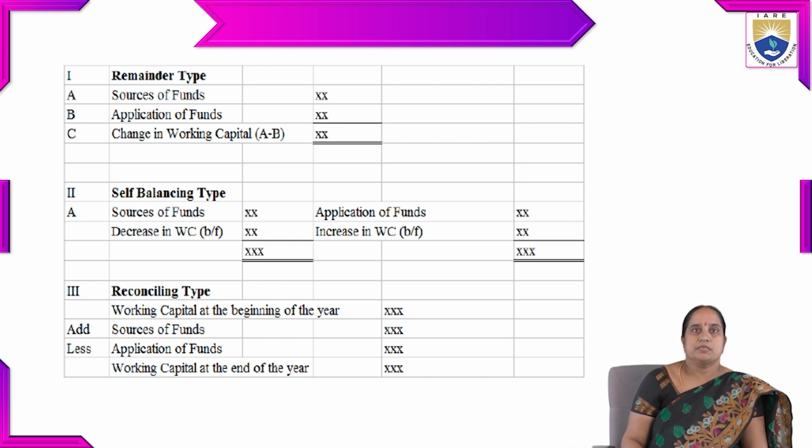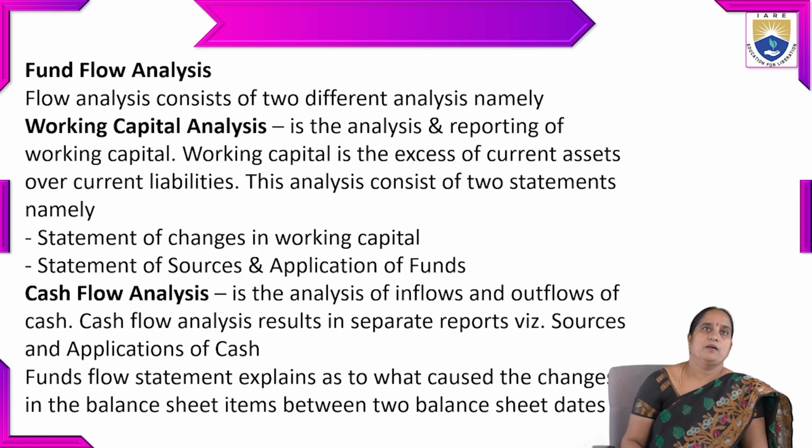Then the third one is reconciling type, where we start with working capital at the beginning of the year. To that we add sources of funds. From that we subtract applications of funds. Then we get working capital at the end of the year.